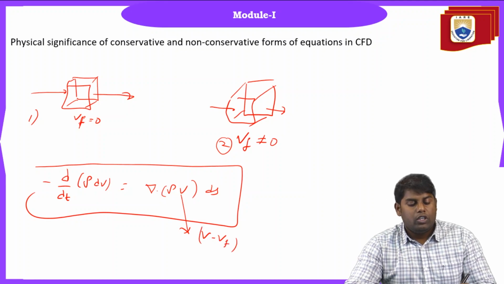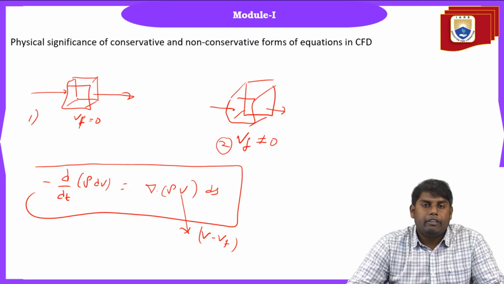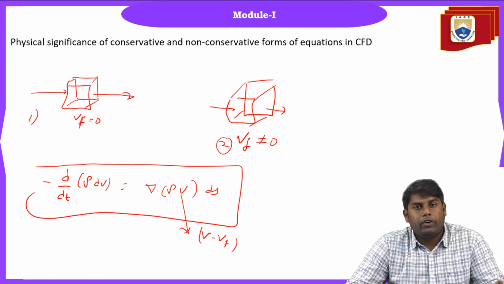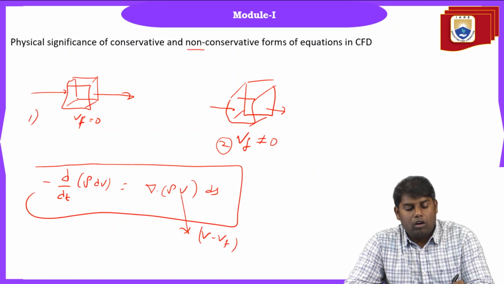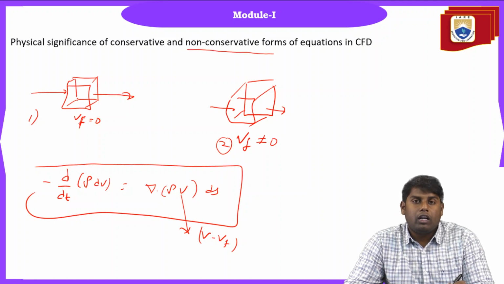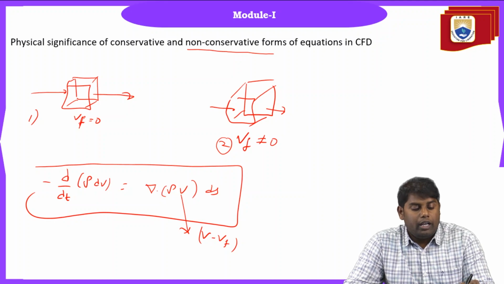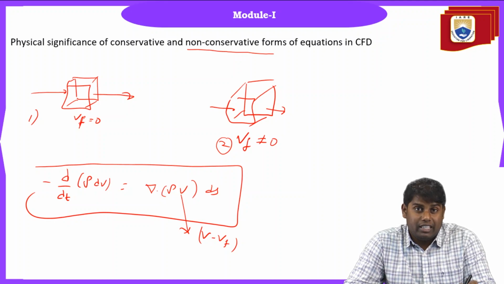So when we compare whether you take the fluid element approach or the control volume approach, when the fluid element is moving with the fluid, or when the control volume is moving with the fluid, they are called non-conservative form. And when the control volume is stationary or the fluid element is stationary, then they are called conservative form.